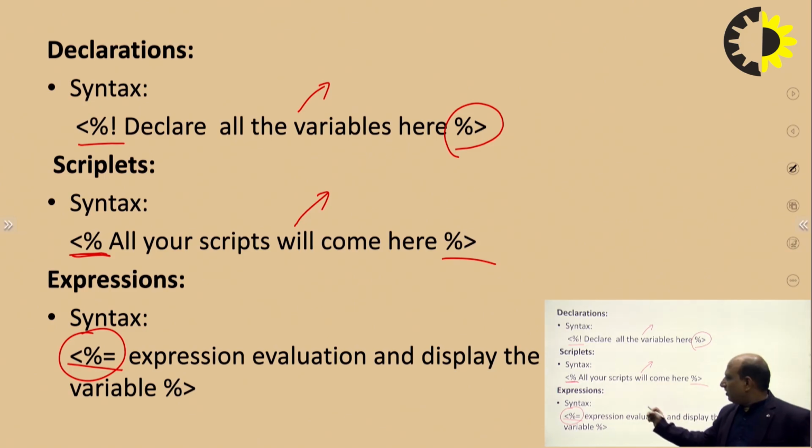But if you write 2 plus 5 in the expression tag, it will be directed straight to the browser. You need not use any explicit stream to connect your code to the browser window. So this way you can use the declaration tag, expression tag, or scriptlet tag as per your requirement.